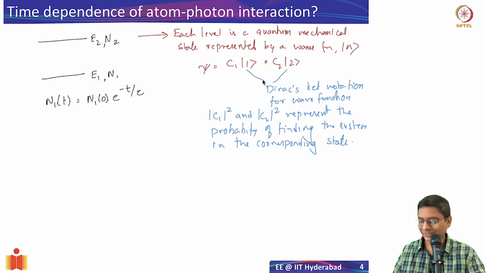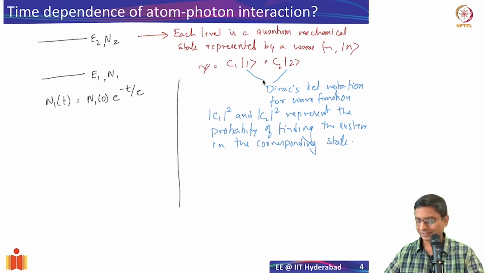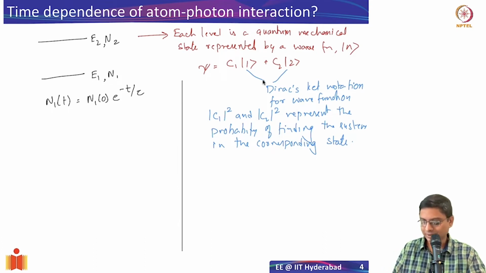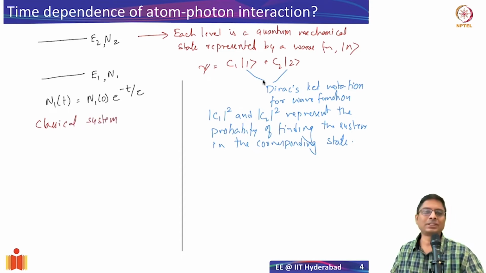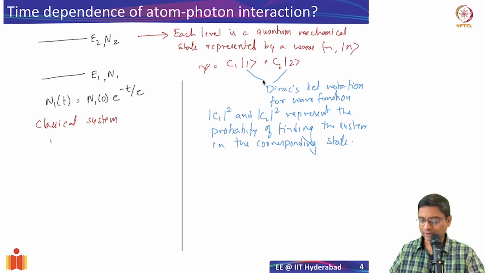Okay. So what? To answer that, let's consider a scenario wherein, let's take a purely classical case. In a classical system, let's say the total number of atoms is n0, and from that there are n1 atoms in the first state or ground state, n2 in the excited state.